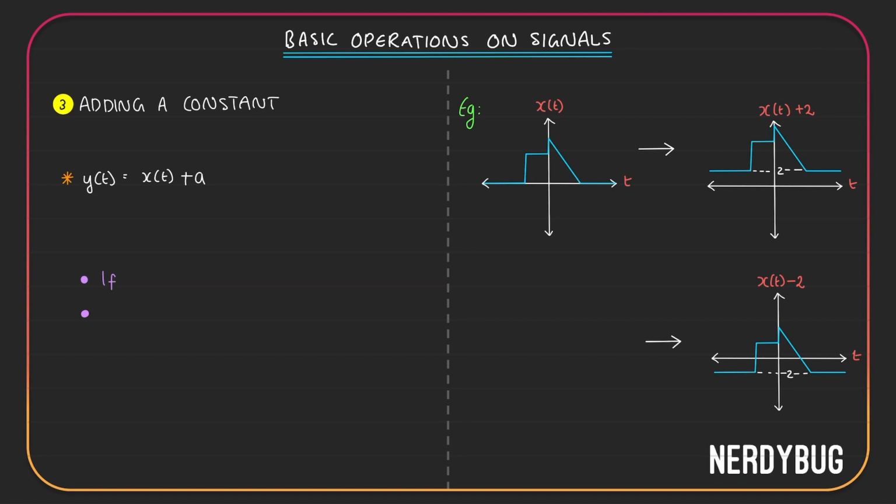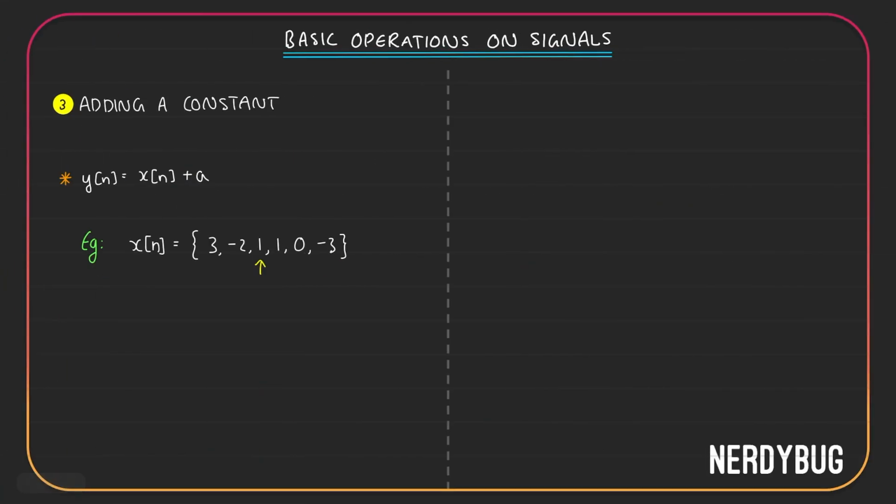First one is, if the constant that we're adding, a, is greater than 0, the signal shifts upwards. If a is less than 0, as we saw in the second case, the signal shifts downwards.